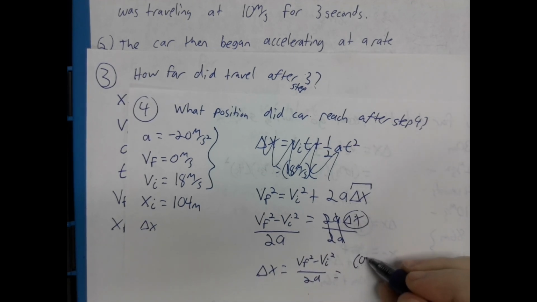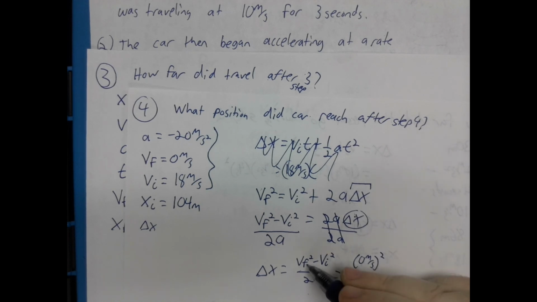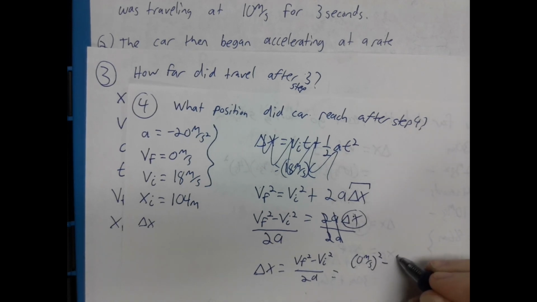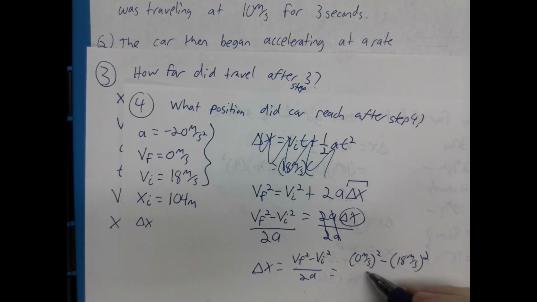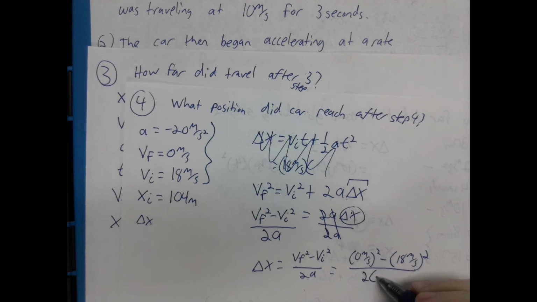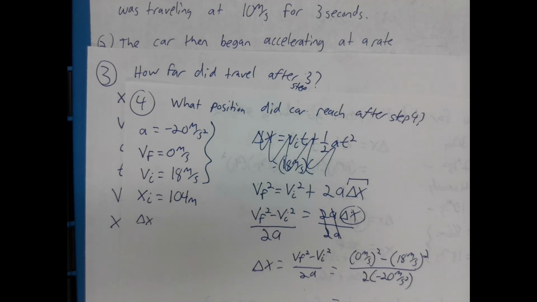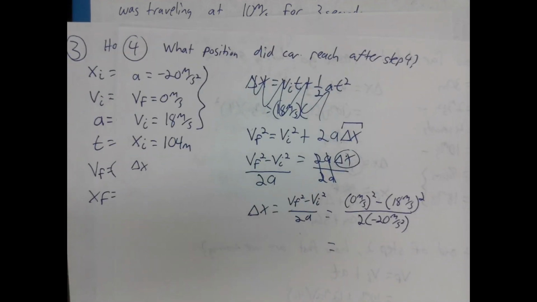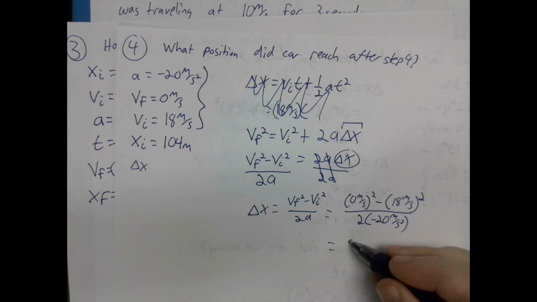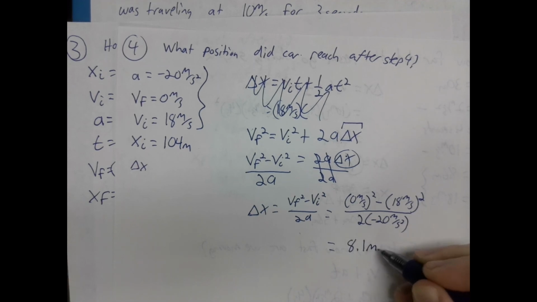So 0 meters per second is our vf, minus our vi, which was 18 meters per second, the whole thing squared, divided by 2 times negative 20 meters per second squared. If you plug that into the calculator, you'd see that it stopped in 8.1 meters.